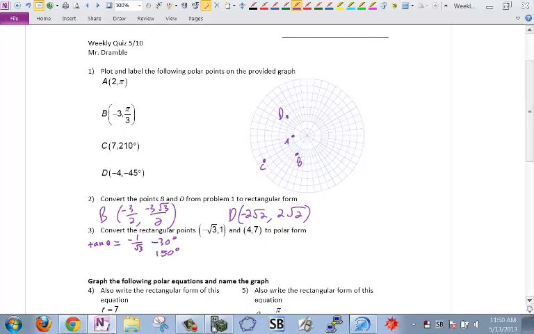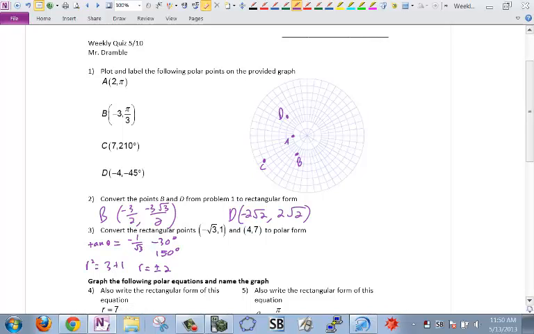Both of those have a tangent of negative 1 over radical 3. But when you use the Pythagorean theorem, r squared equals negative radical 3 squared plus 1 squared. So you're going to get an r of plus or minus 2. So if you chose to go with negative 30 degrees, you should have chosen the r value of what?